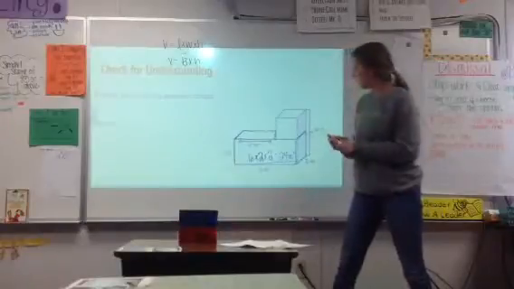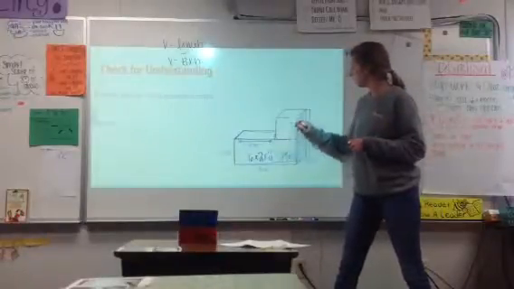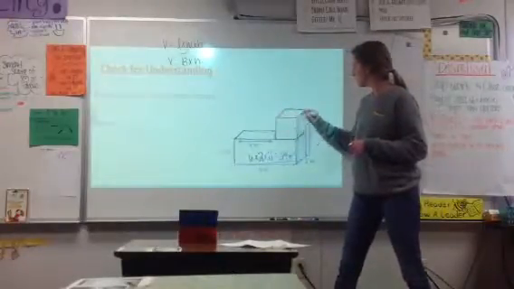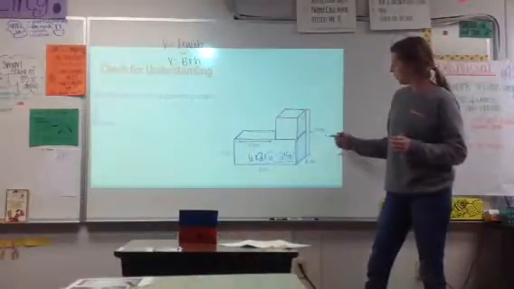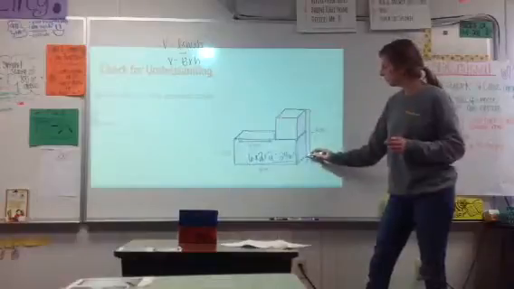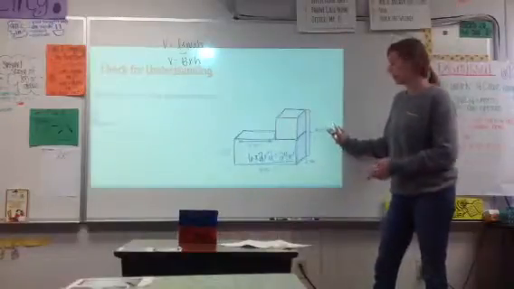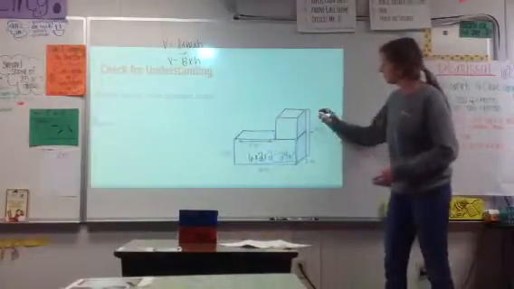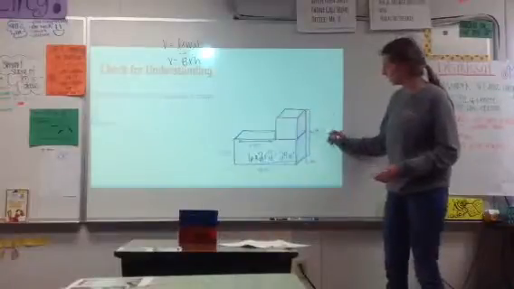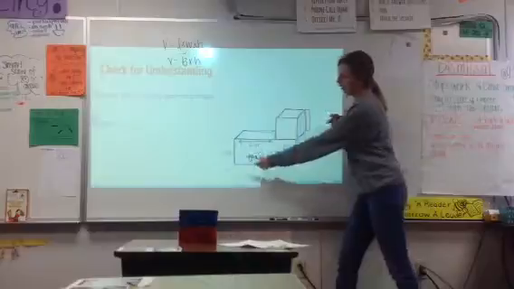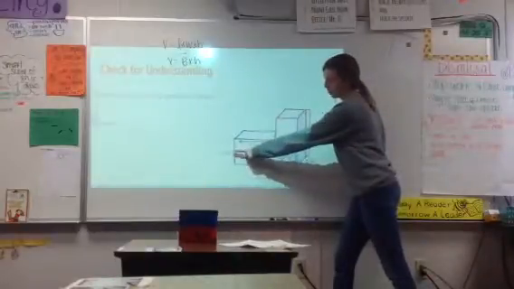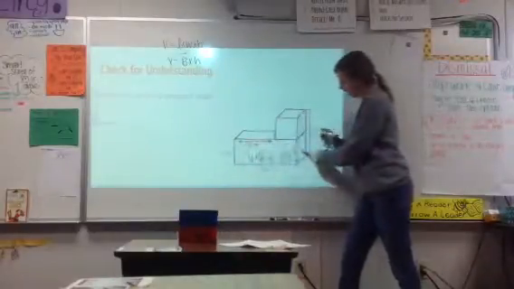If I'm looking at this top rectangle, I notice that this whole side is 4, okay? And so I don't know just this length quite yet. But if this whole thing is 4, and it says over here that this is 2, so I know that the opposite of this side has to be 2.